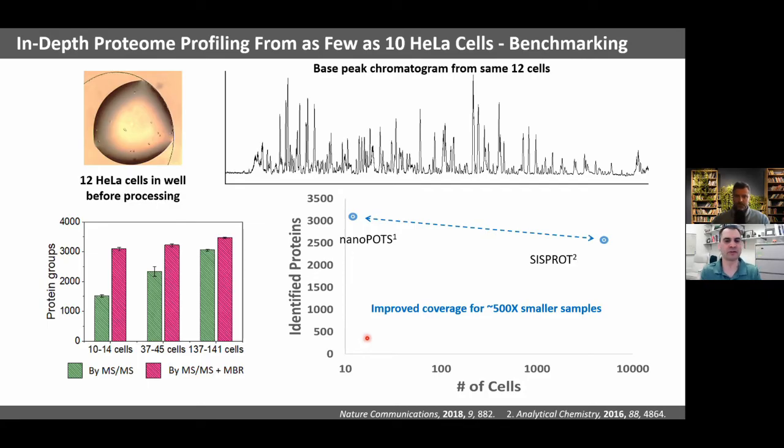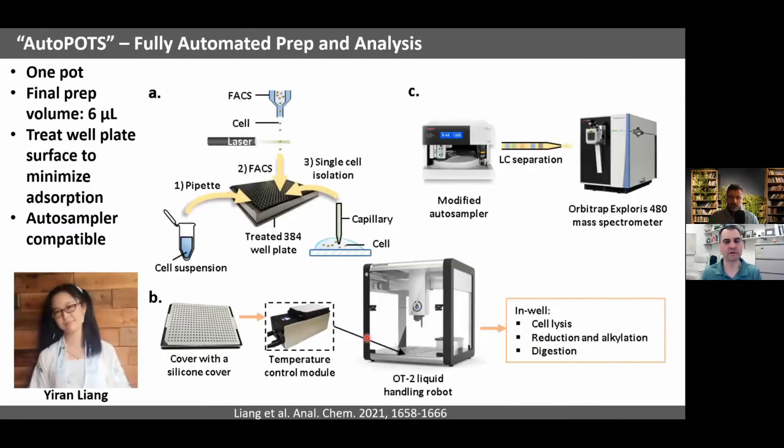So that really did show that it was the limitations in conventional sample processing. And there were also some improvements in chromatography and mass spectrometry that we were putting into place, but it really was the limitations of sample processing that were holding up the ability to analyze smaller samples.